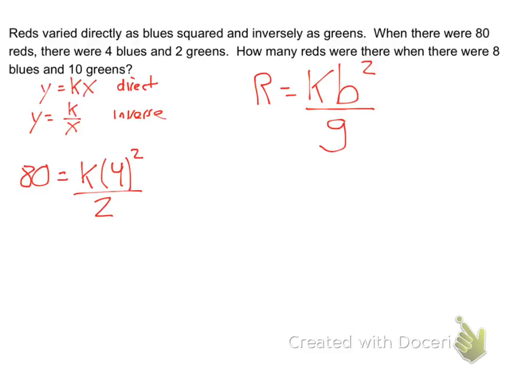So 80 equals k times 4 squared, 16, divided by 2? So 80 equals 8k. Are you okay with that? So k has to equal 10. Divide by 8.